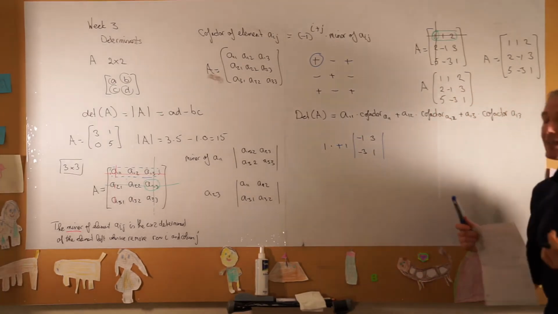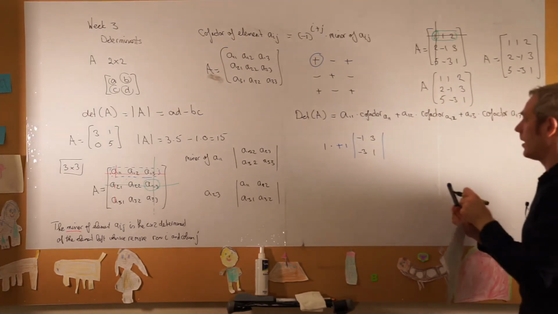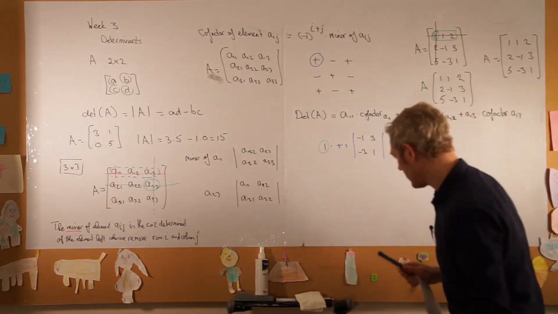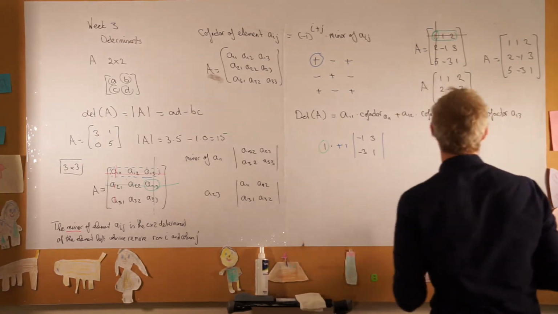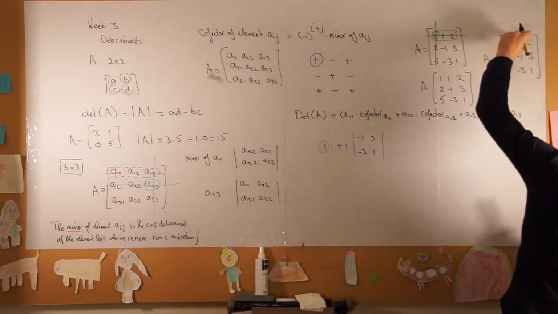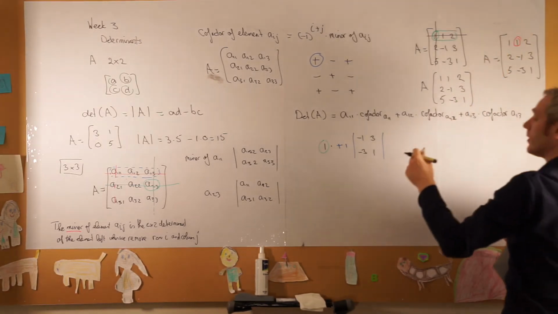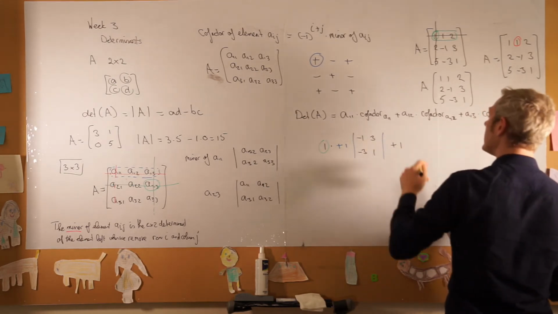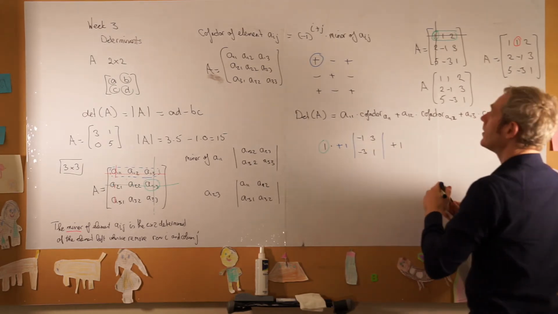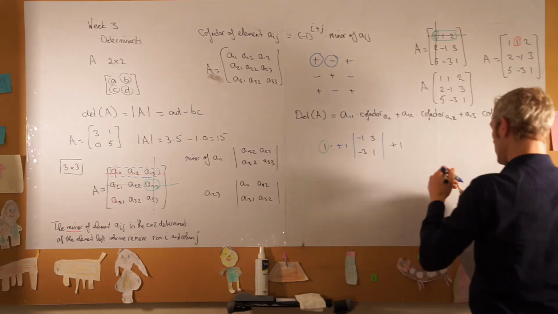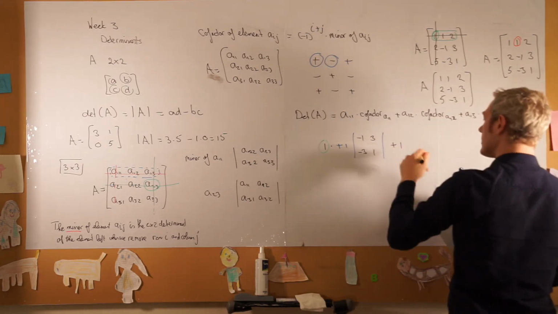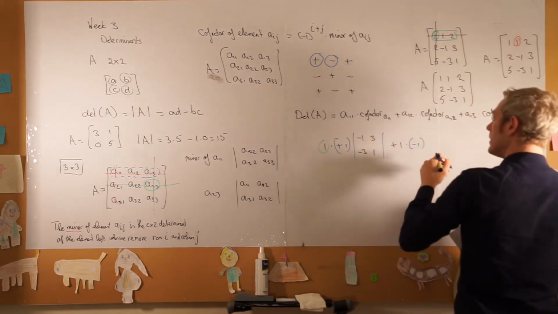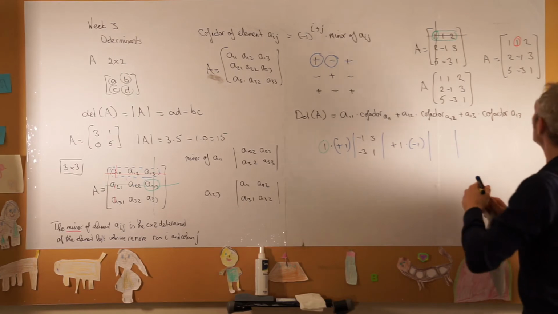So now the second element, and this one was that green element. I'm going to run out of colors, but it doesn't matter. The second element is the second element of our first row. So we get plus 1 again, times minus 1, times, well, which determinant are we left with?